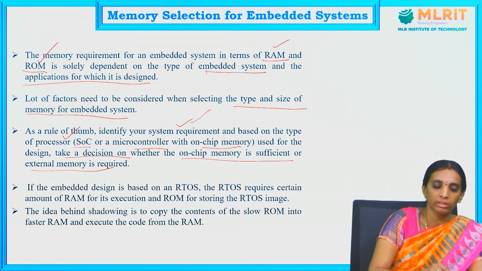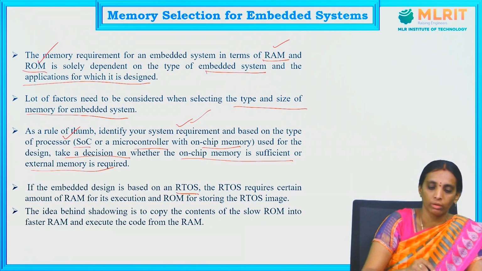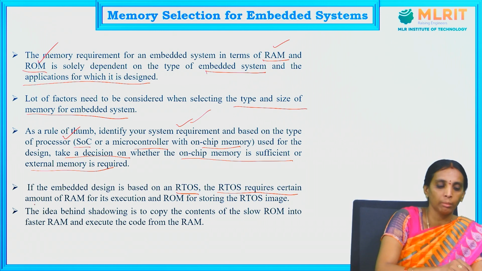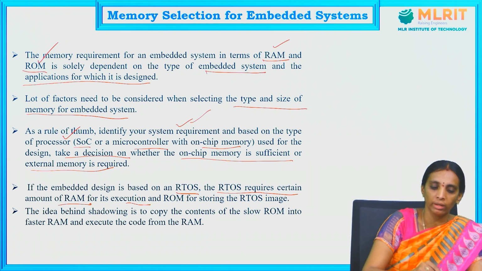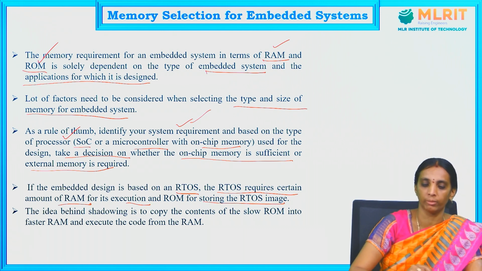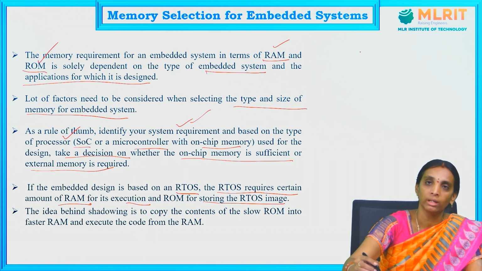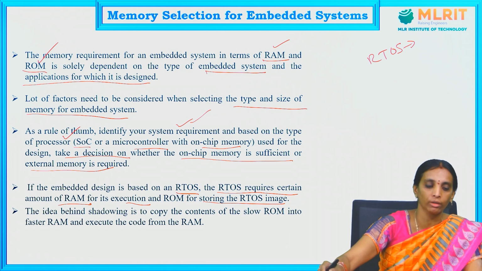If the embedded system design is based on an RTOS, it requires a certain amount of RAM for its execution and ROM for storing the RTOS image. So depending on the application, if it needs an RTOS, then we have to select the memory based on the RTOS requirement.